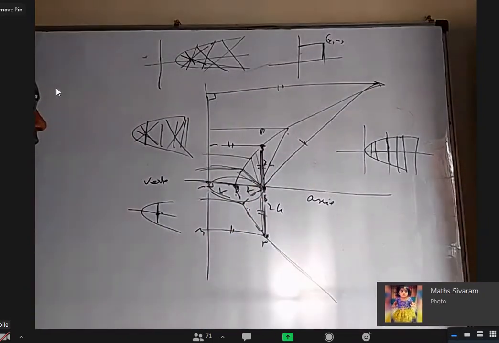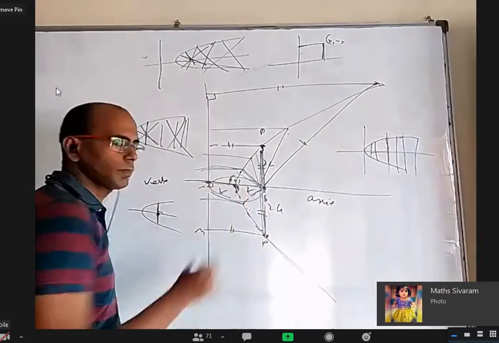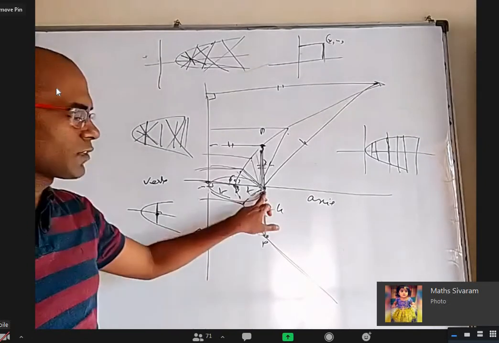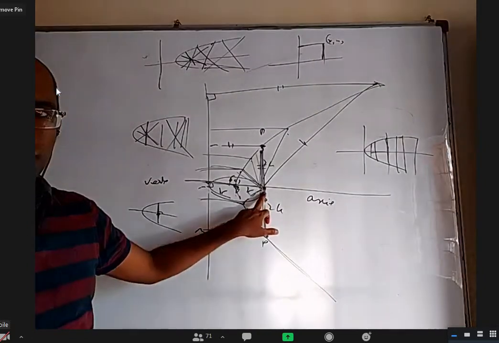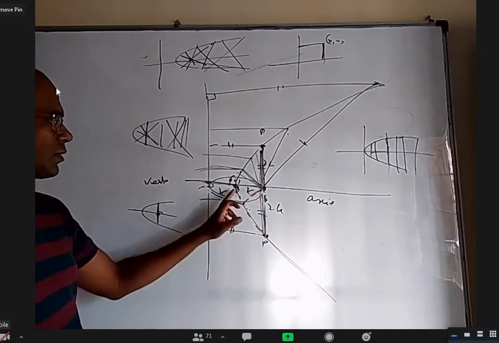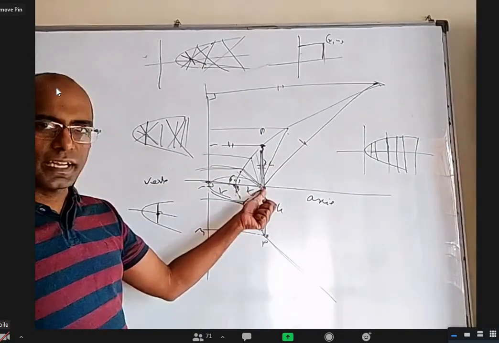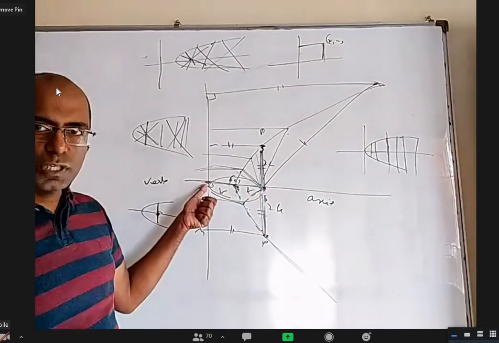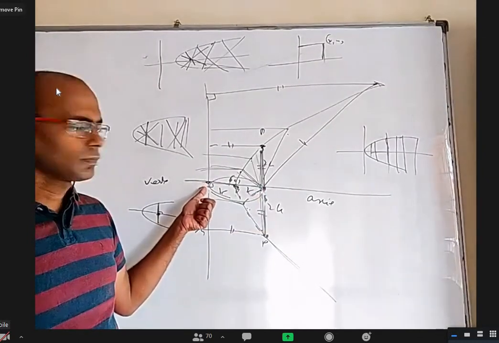There is some relation. In fact, if we assume this is the origin, what are the coordinates of this point? k comma 0, because the origin is here and k is this. And what are the coordinates of this point? Minus k comma 0.